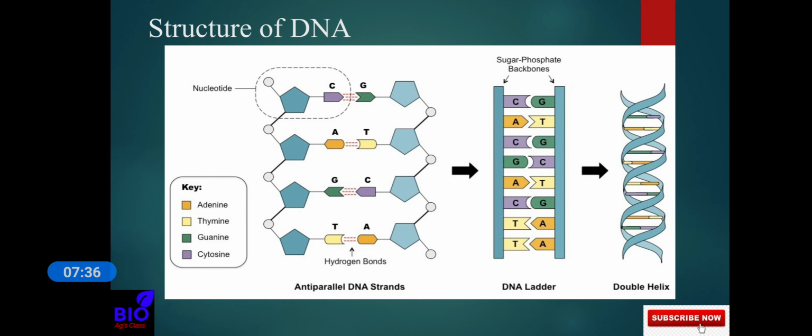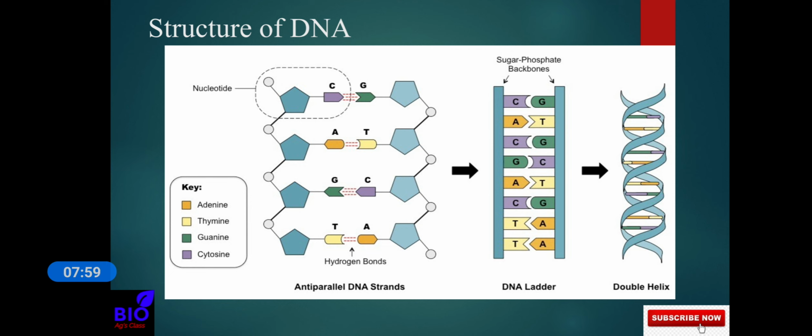Each strand has a 5 end with a phosphate group and a 3 end with a hydroxyl group. The strands are antiparallel, meaning one strand runs in a 5 to 3 direction while the other strand runs in a 3 to 5 direction.